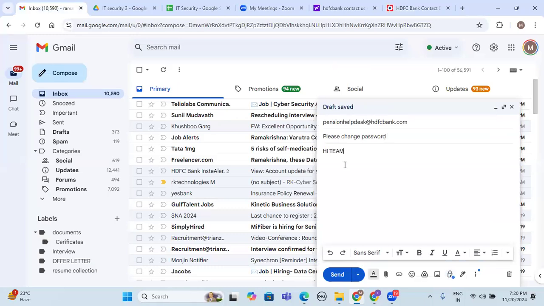Hi team, please change your password, your password is going to expire very soon. And I'll provide the URL link here. That URL link belongs to the attacker.